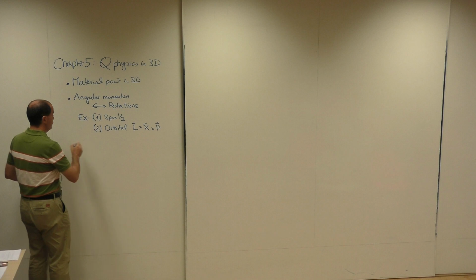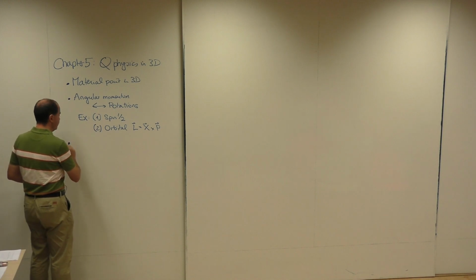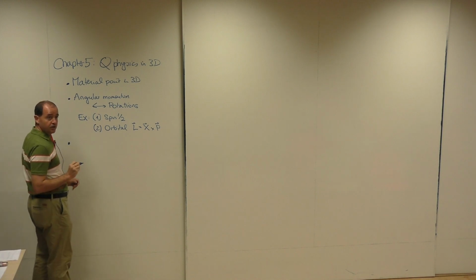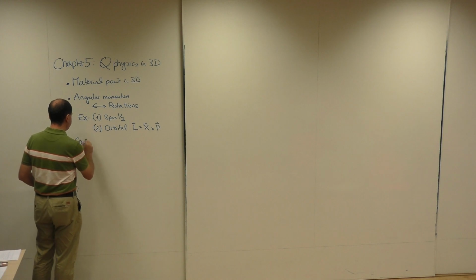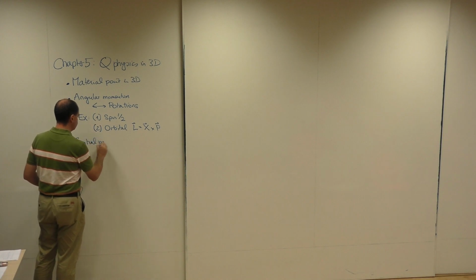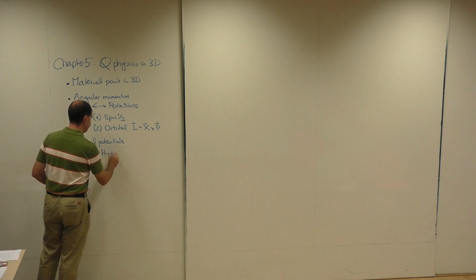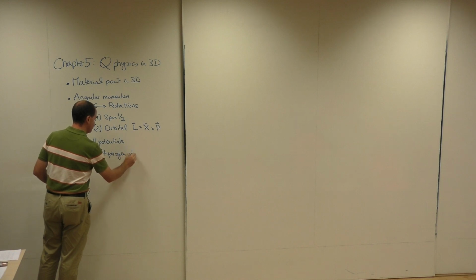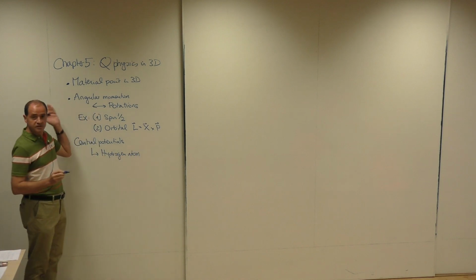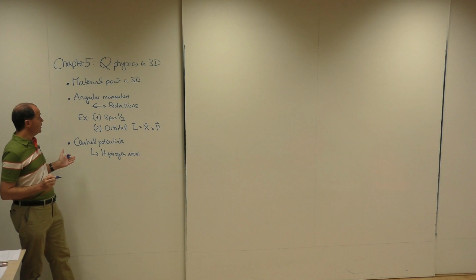And then, with the knowledge of the orbital angular momentum, the last big chunk will be what is called the central potentials, and in particular, the one that is called the hydrogen atom. Okay, so this is the menu for chapter 5.